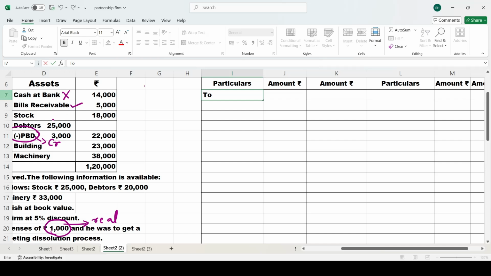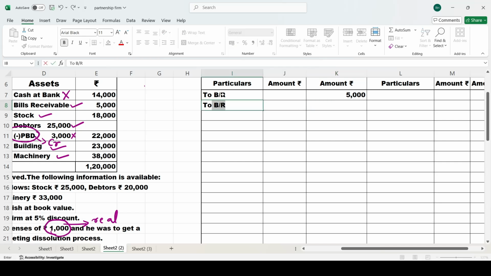Bills receivable, yes. Stock, yes. Debtors, we have to take in the inner column. PBD, don't record it because it will go to the credit side. Building, yes. Machinery, yes. We'll record them one by one. To bills receivable, take it to the outer column. What is the amount of bills receivable? 5000.